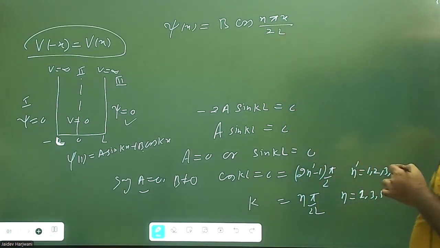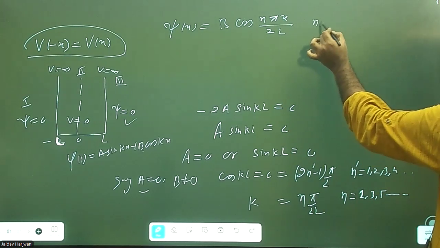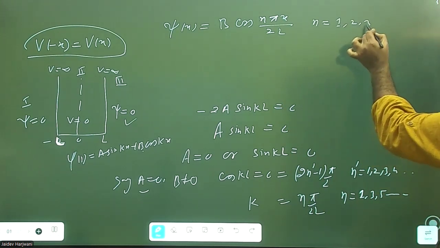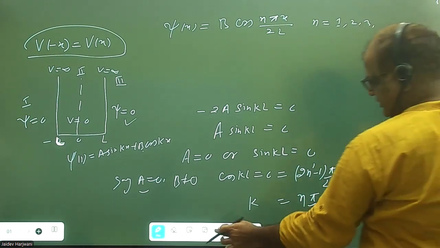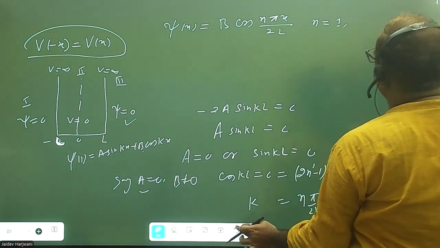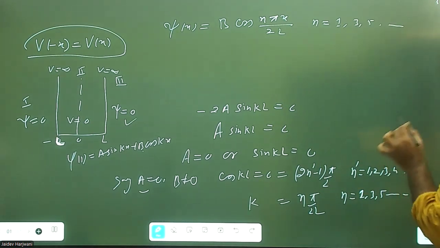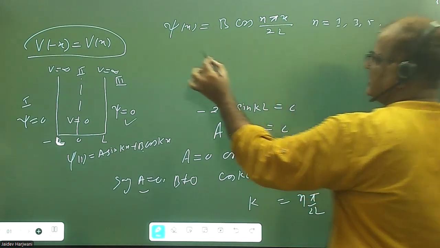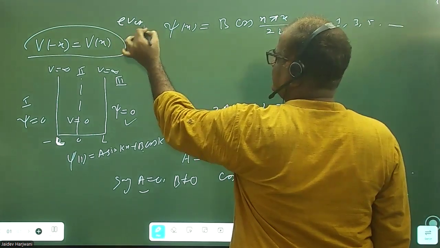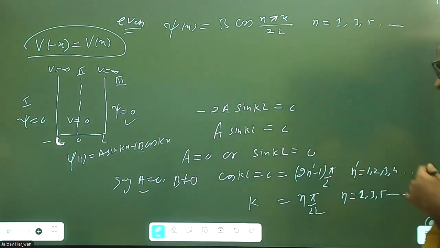So this will be my solution, where n is 1, 3, 5. These functions have even parity.